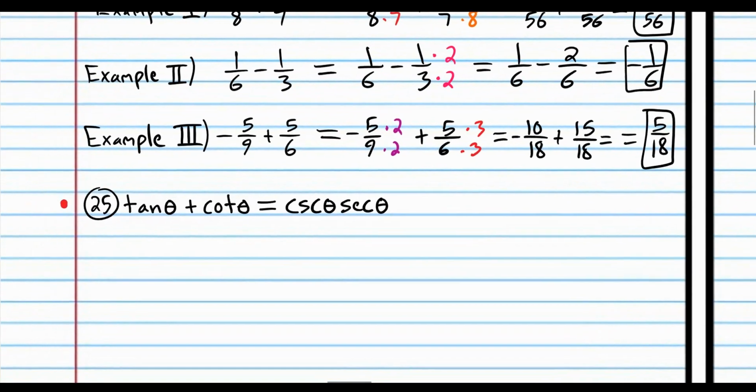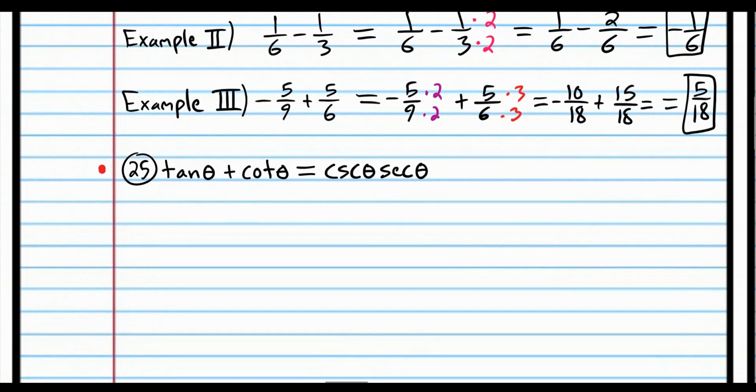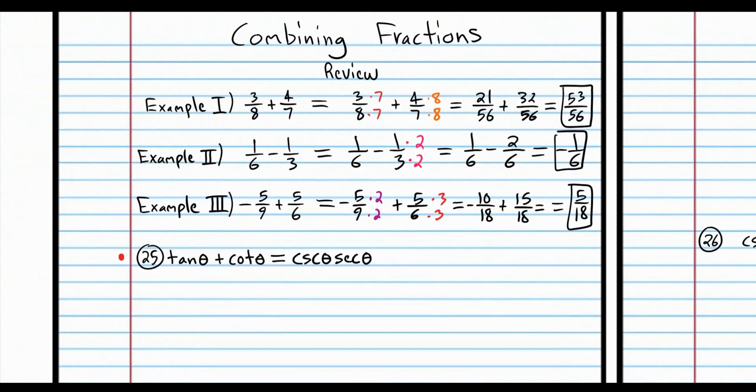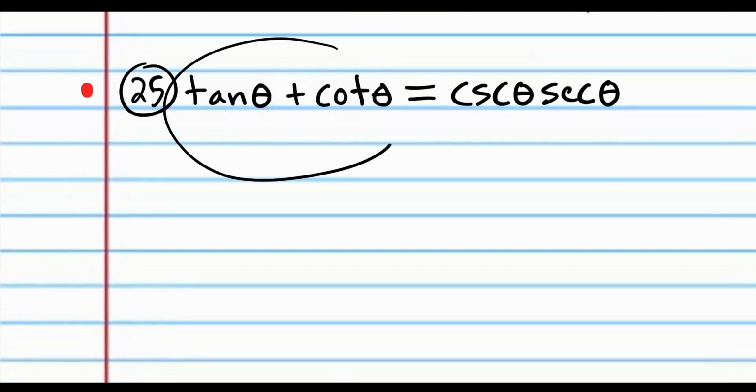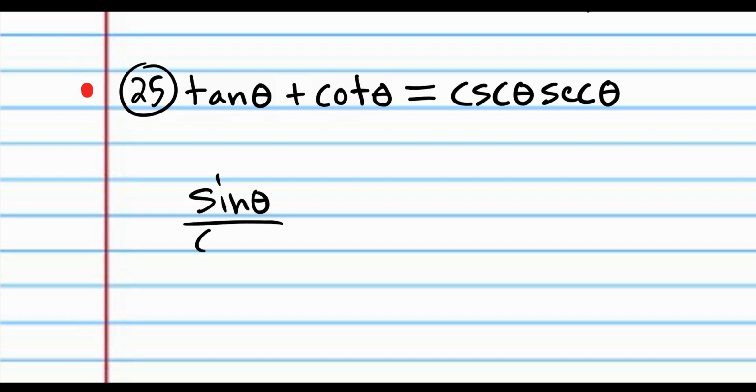Okay, so let's go on to the next problems. As you can imagine, we're now going to combine fractions by adding or subtracting the fractions. So again, we're going to start with the left side, always the left side, and I'm going to change tangent to sine theta over cosine theta, and cotangent to cosine theta over sine theta.